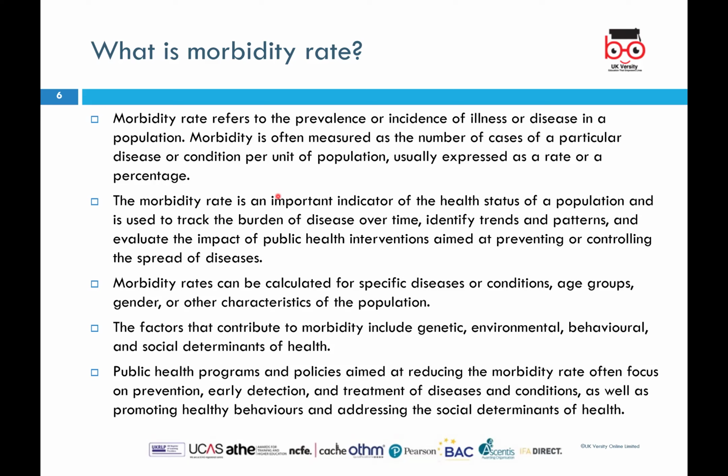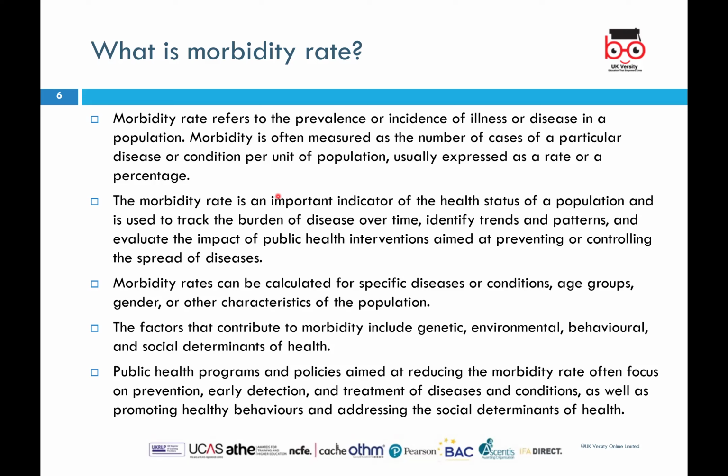There are several factors that contribute to morbidity. These include genetics. So if there's a disease running in your family, you will have a predisposition to that disease. That disease is going to last for a longer time in your family, and your ancestors might have had a disease that would then prevail in your offspring as well.